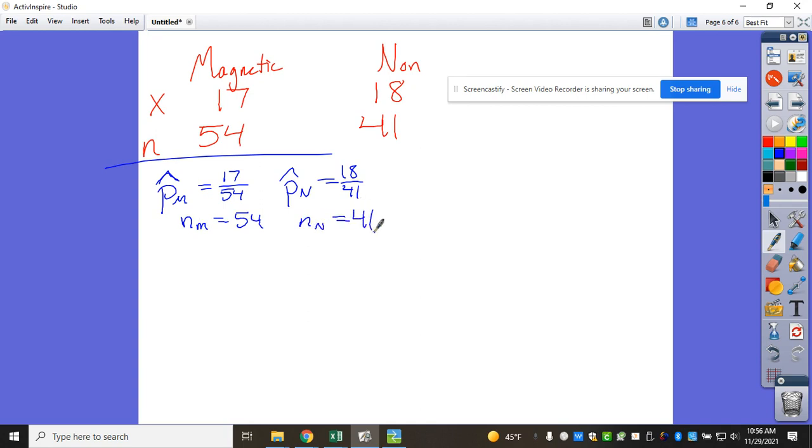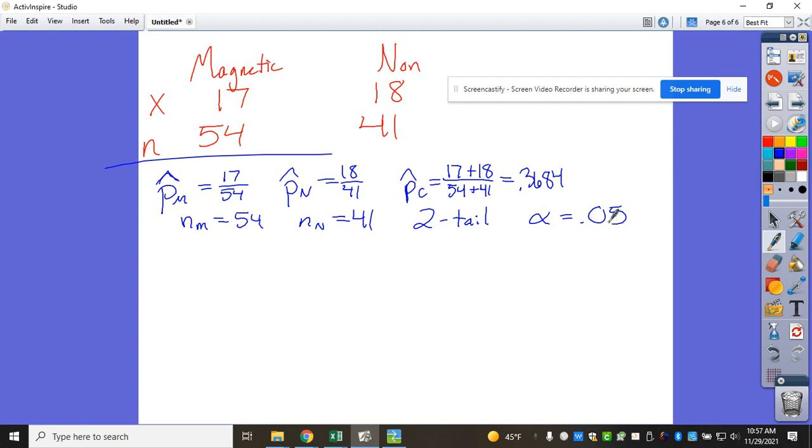P hat C. So I would probably take the time to write this and either write that as a fraction or write what it gives me on my calculator. What else do I need since it's a test? 2 tails. And alpha equals 0.05.